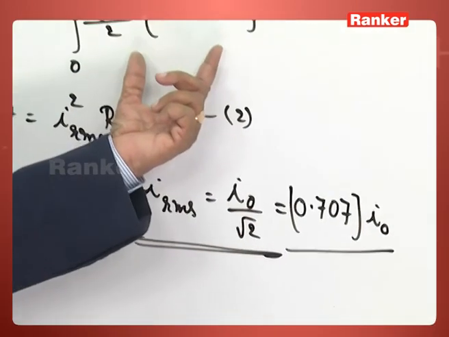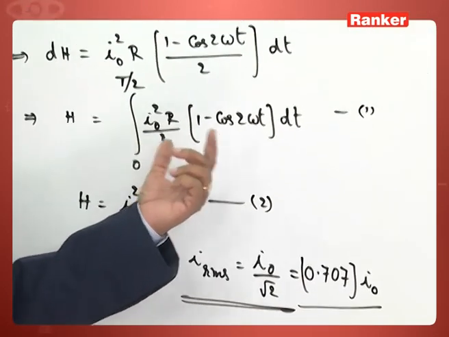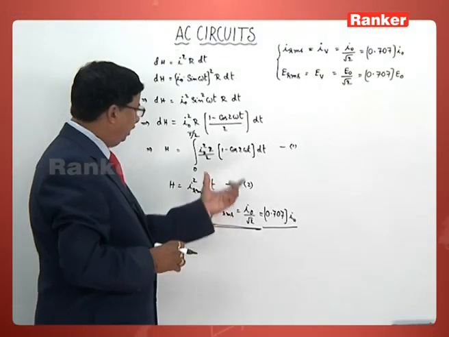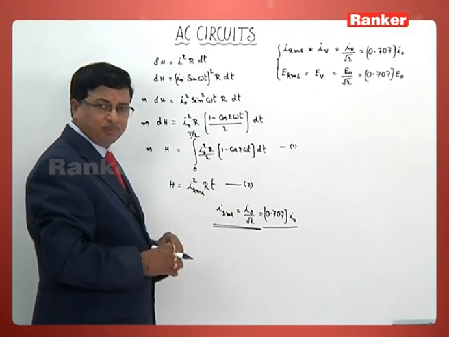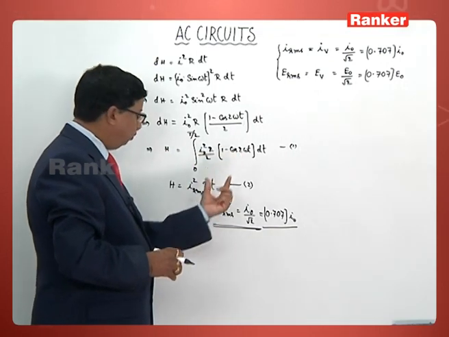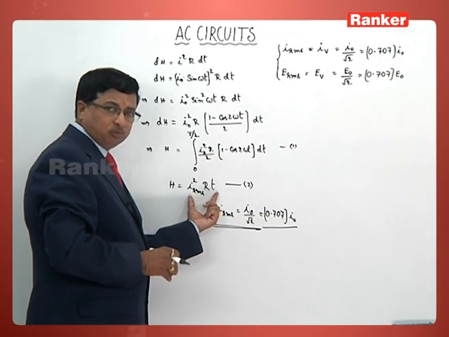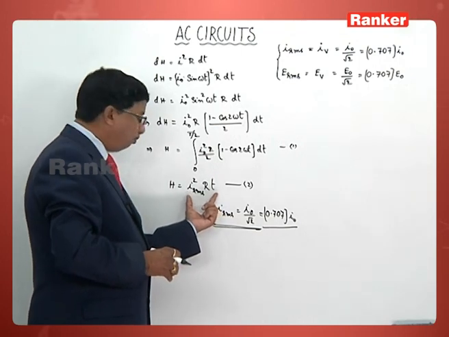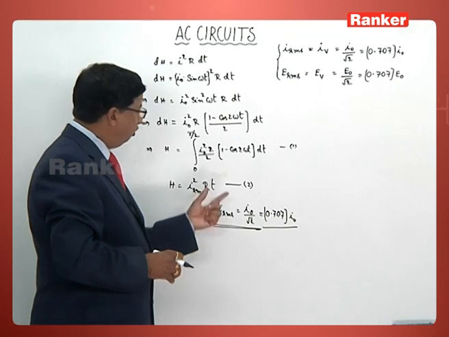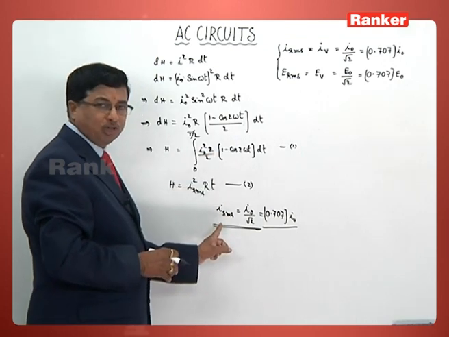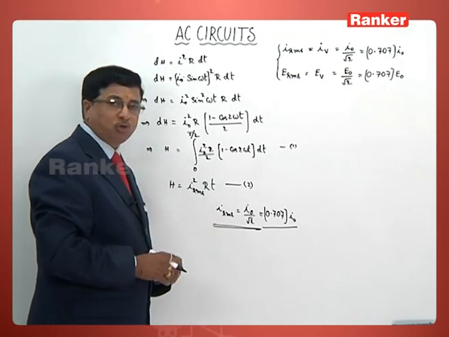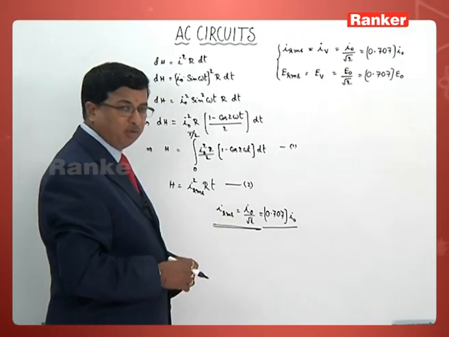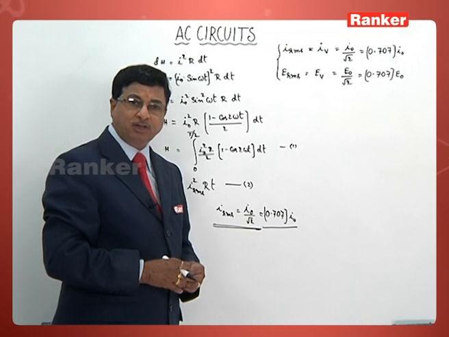Of course, this is a basic integration, so we need not discuss it in detail. Directly integrating, we get the value of H, and equating it to I RMS square into R T, we ultimately conclude that I RMS is I naught by root 2, which can be written as 0.707 I naught.